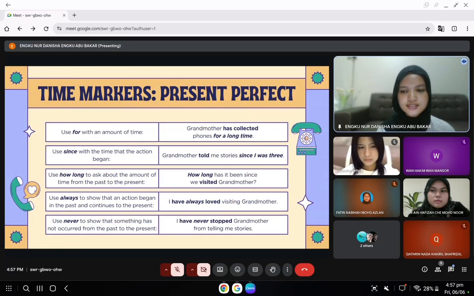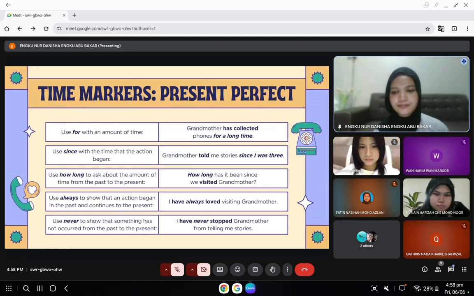So, I have always loved visiting grandmother. And lastly, never. We use never to show that something has not occurred from the past to the present. For example, I have never stopped grandmother from telling me stories. Okay, so can you see the difference in these time markers?